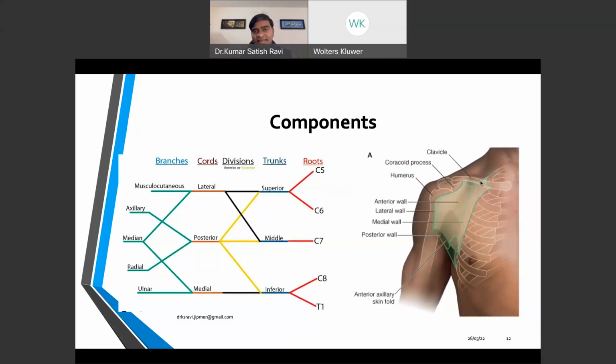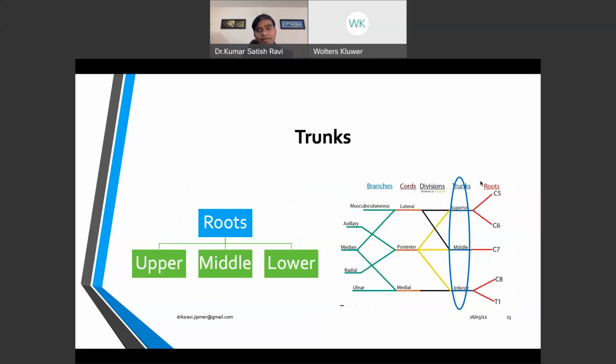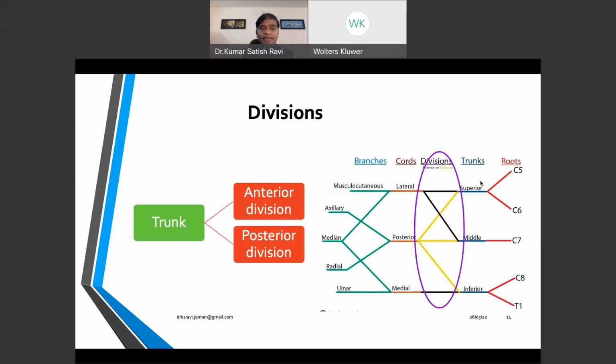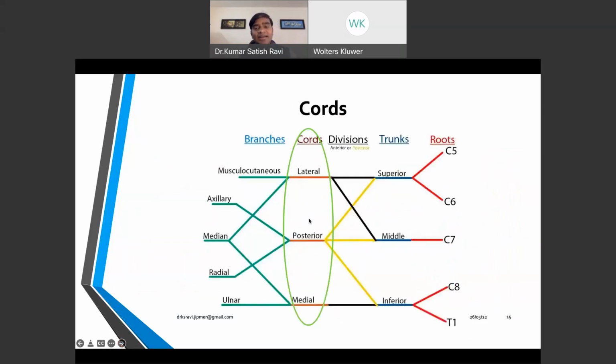So from these three trunks, we have six divisions. Now, these divisions will form the different cords: the lateral cord, the medial cord, and the posterior cord.